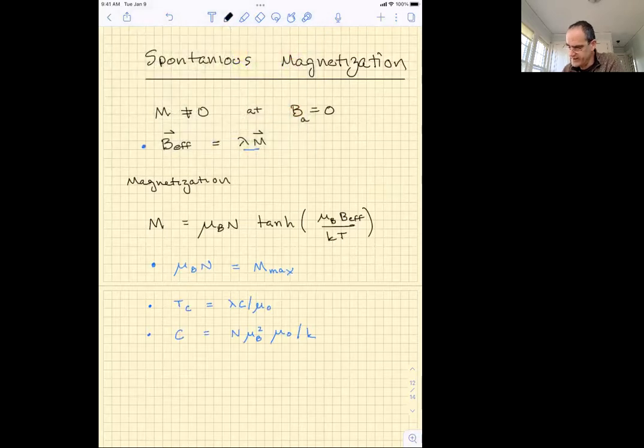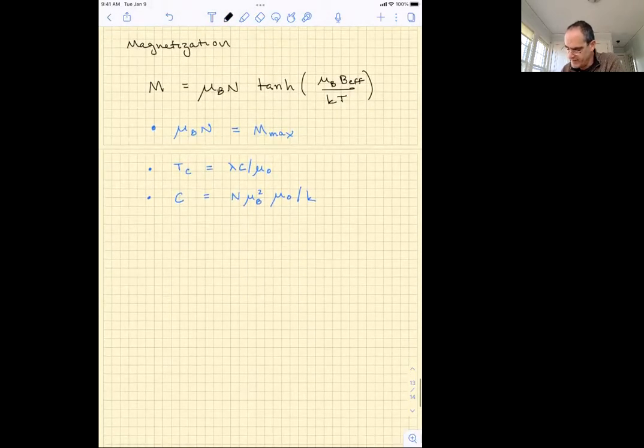Okay, using these ingredients, we can rewrite the formula for magnetization. First, let's write this as M max times hyperbolic tangent of mu B, and then substituting for B effective, we have lambda M divided by kT. Okay? And that looks pretty good.